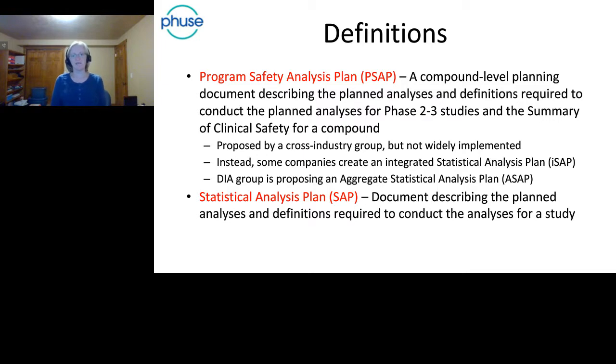I think people or sponsors are getting better at this, but we certainly do have examples where maybe this planning hasn't occurred as early as one might want. So it's just important to have integrated planning in place and for it to occur early. That is distinct from a statistical analysis plan that is meant to describe the planned analyses for an individual study.